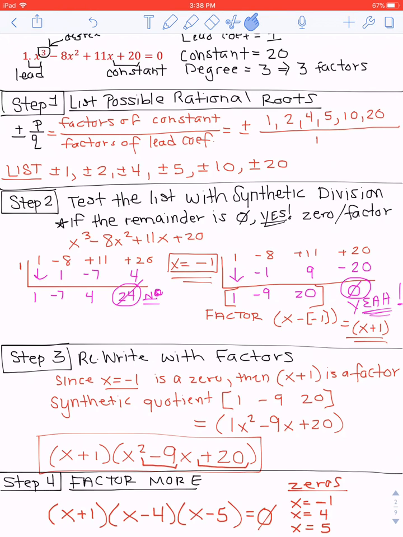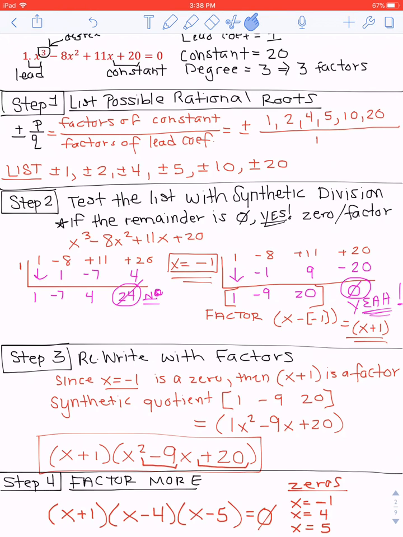Step 2, test that list with synthetic division. When you get a remainder of 0, you have found yourself a factor. Step 3, rewrite it in factored form with the factors that you have. And then step 4, factor some more. Sometimes at step 4, we get to do what we did now. We have a quadratic, pretty easy, deal with it. Sometimes you get to that point and you actually have to repeat all 4 steps again.